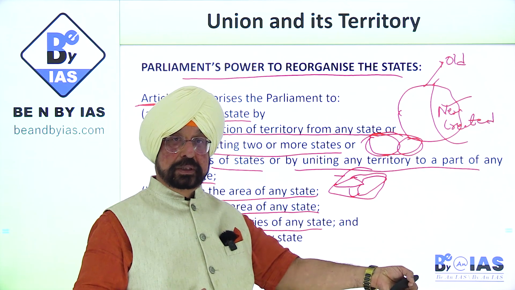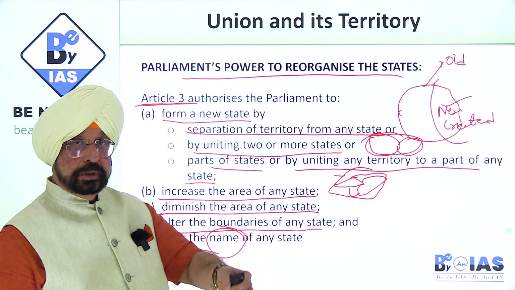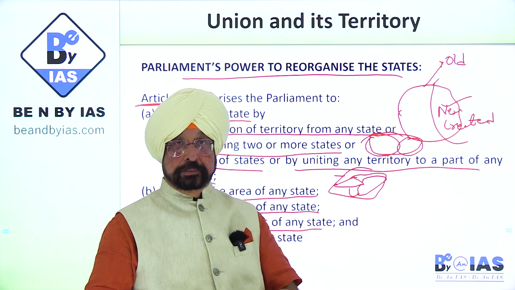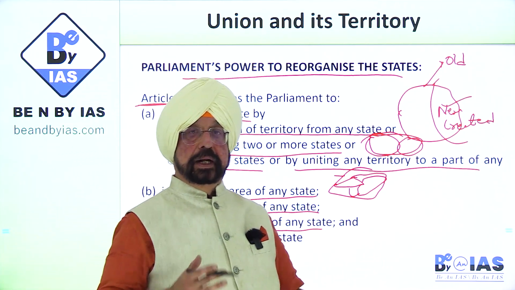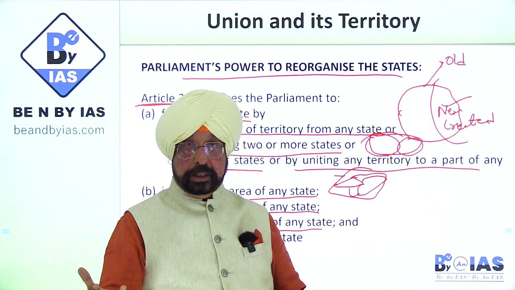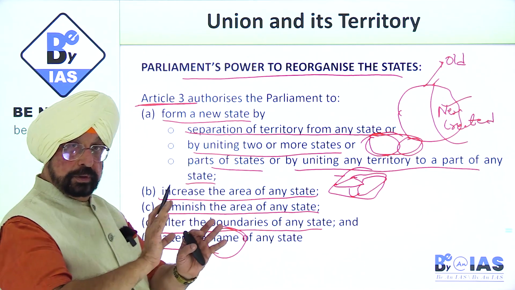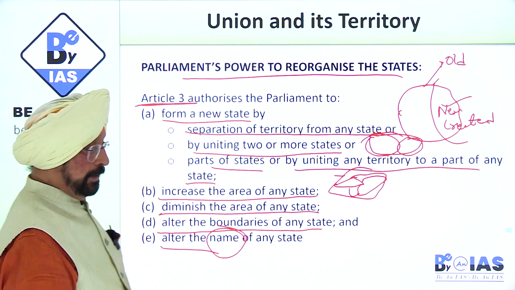Later on, Uttaranchal was changed to Uttarakhand. Similarly, recently we have seen Andhra Pradesh being divided into Andhra Pradesh and a new state called Telangana. A part of it is taken away, so a new state is formed. It is called reorganization of the states.